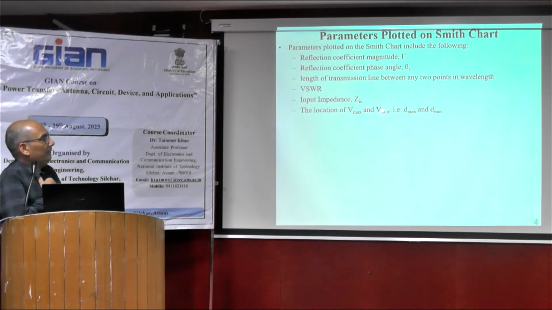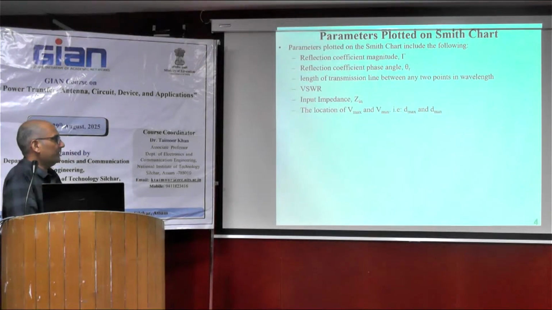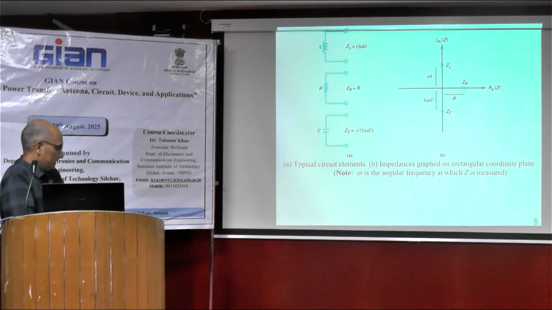Starting from the fundamental concept, parameters like reflection coefficient magnitude, reflection coefficient phase angle, and length can all be easily plotted on the Smith chart. I'll show a few parameters here, and the rest you can study yourself: resistance, inductance, and capacitance.